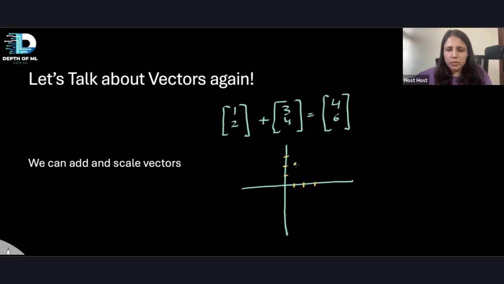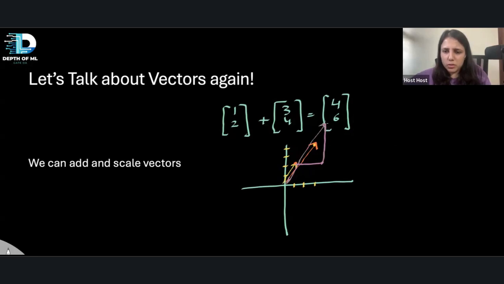This is my vector 1, 2, and this is my vector 3, 4. There are two ways to do it. I can just take this vector and put it on top of the first, and whatever point I reach is my final vector. Or from here, I take the steps it's telling me: go 3 in the direction of X and go 4 in the direction of Y. Somewhere here I'll reach, and my new vector will be here.